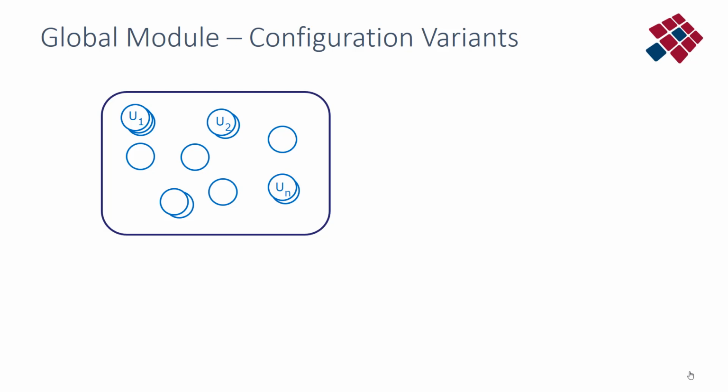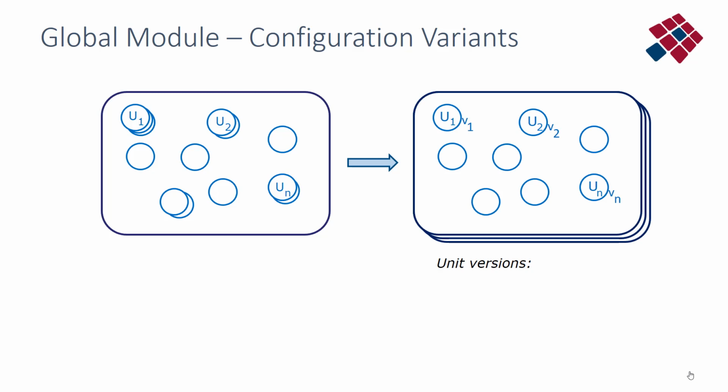So another possibility would be that we would have variants for the global model, for the global system, for every combination. So we would have, for instance, for variant 1 of unit 1, variant 2 of unit 2, etc., a specific computer program.